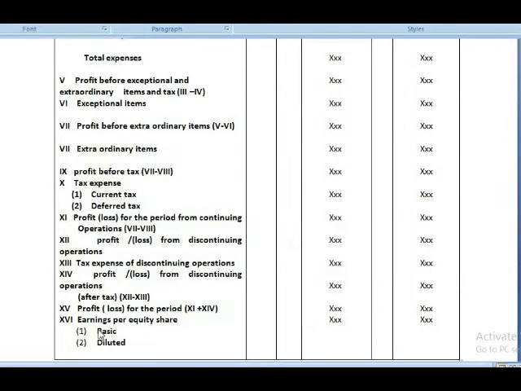Diluted earning per share can be calculated through the adjusted net profit divided by the adjusted number of equity shares. So these are all about the statement of profit and loss. With the help of this format, we can easily find out the statement of profit and loss without difficulty.